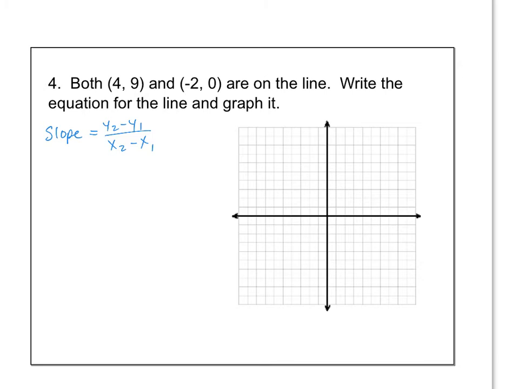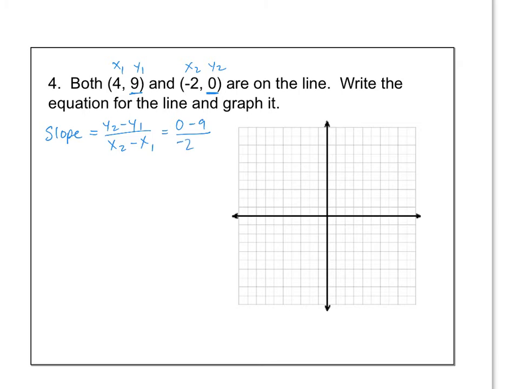So think about this being like your first x and your first y and your second x and your second y, and plugging them into the equation. And so, for instance, you're going to have 0 minus 9, your second y minus your first y. See that? And then on the bottom, you're going to have your x's.